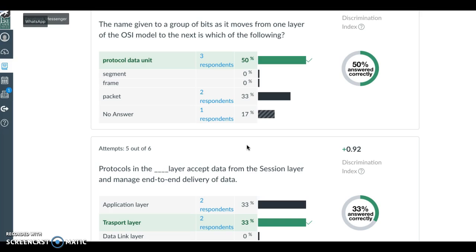Eventually you get to layer 3 where it's a packet, you get to layer 2 where it's a frame, and you'll get to layer 1 where it's bits. But that PDU is an important response.